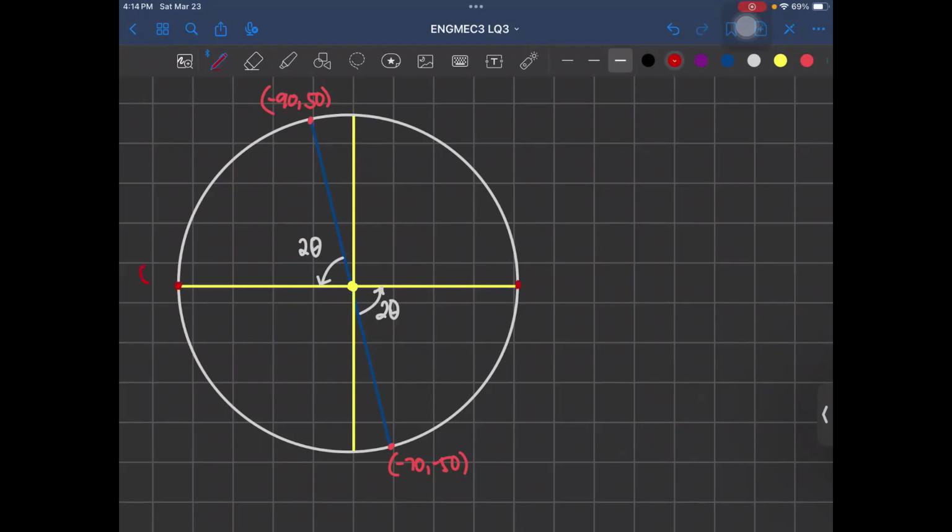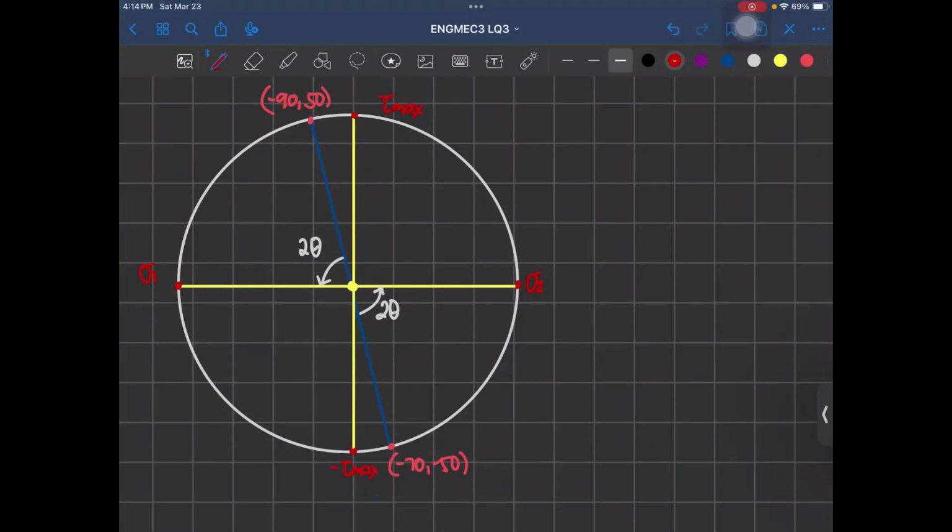So this is sigma 1, this is sigma 2. So our maximum shear stress is located here. This is tau max. And it's also located here. So this is negative tau max.